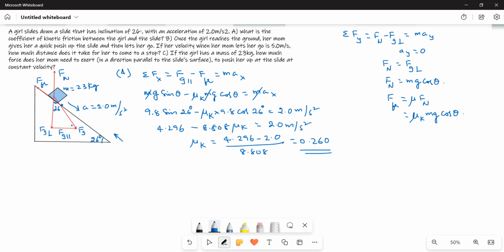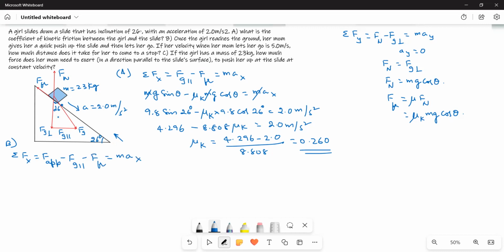So that is why Fg parallel is in the downward direction, and F friction is also in the downward direction. So sigma Fx, this is B bit, sigma Fx is equal to F applied minus Fg parallel minus F friction is equal to m ax.